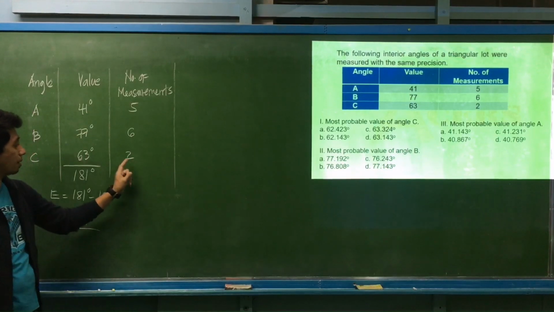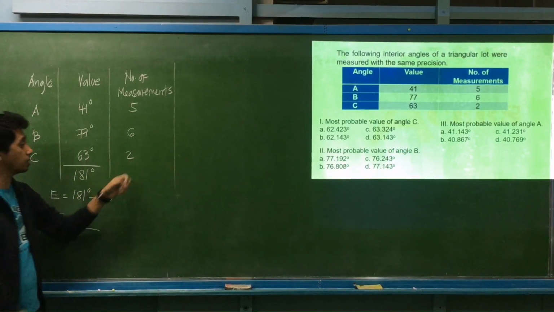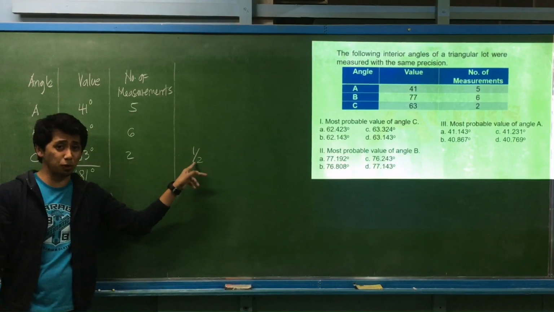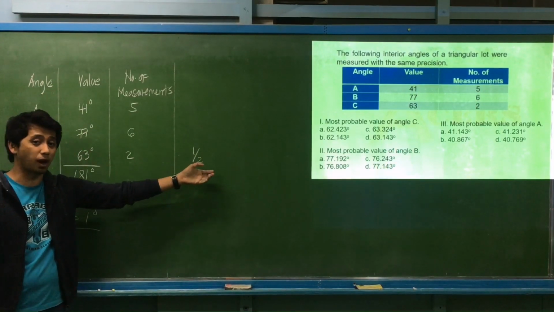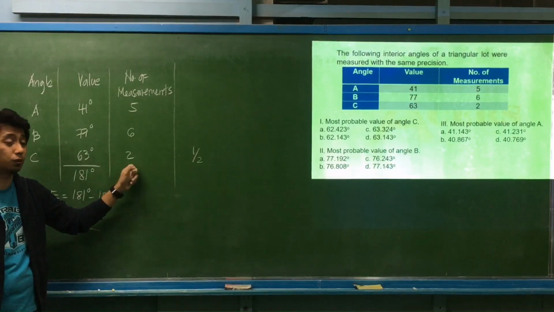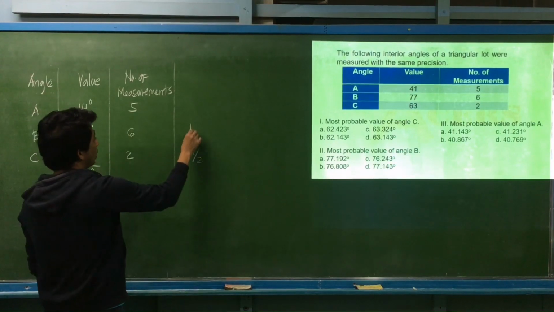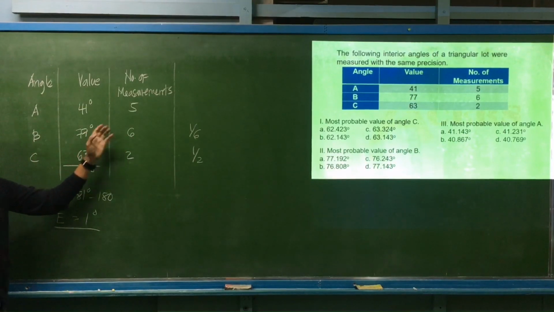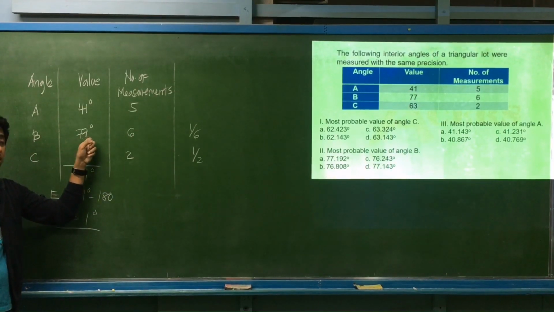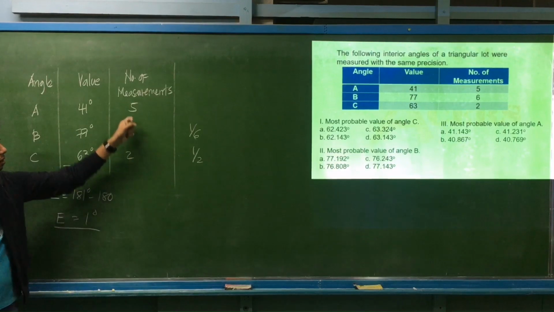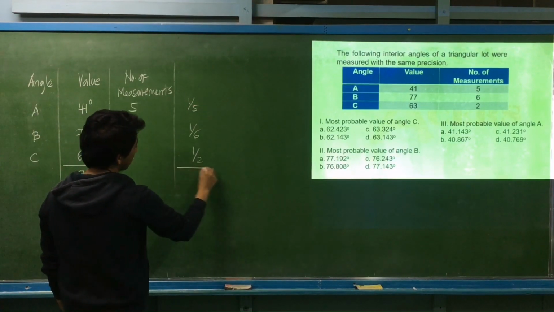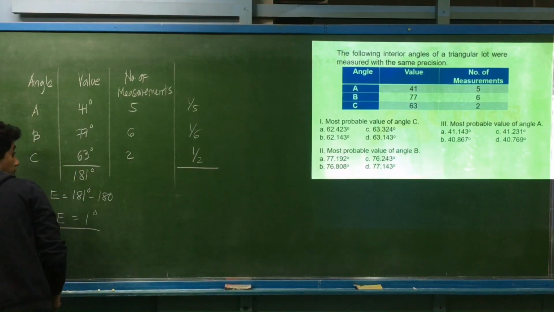For example, measured twice, the reciprocal is 1/2, so that is how large its proportion of the error is, for the reason that it was measured only twice. This one is 1/6: measured 6 times at 77 degrees, which means the accuracy is possibly higher or the error is minimal. And the rest, 1/5. So we should use the reciprocal.